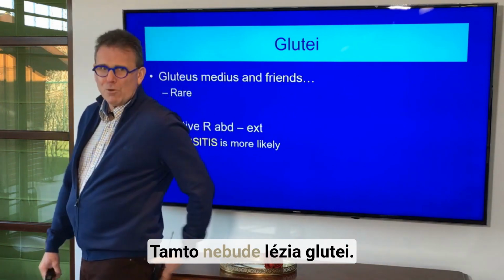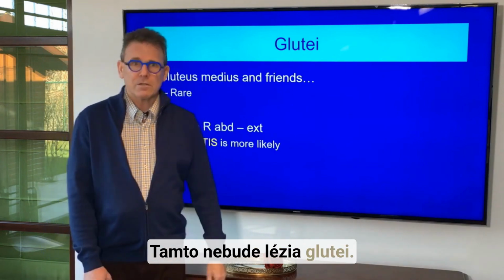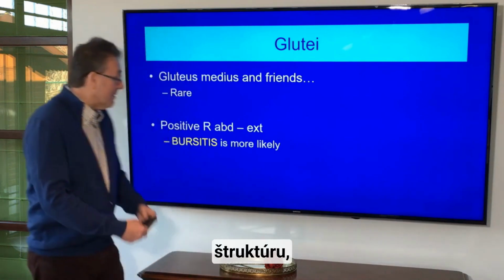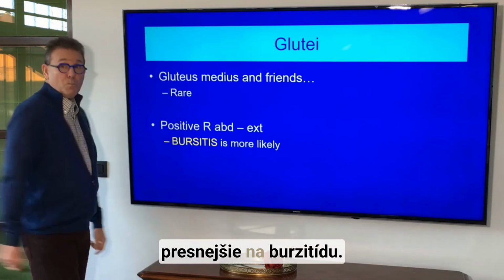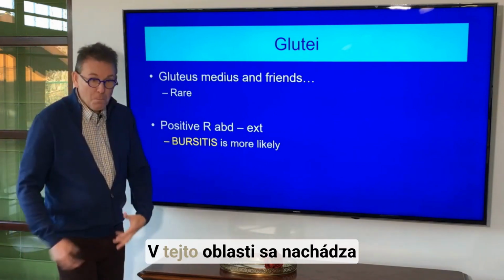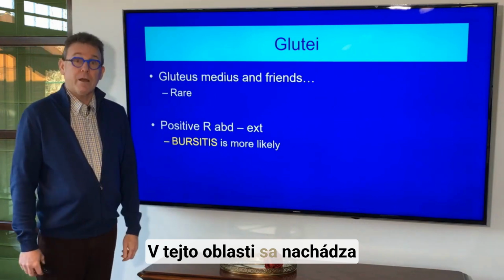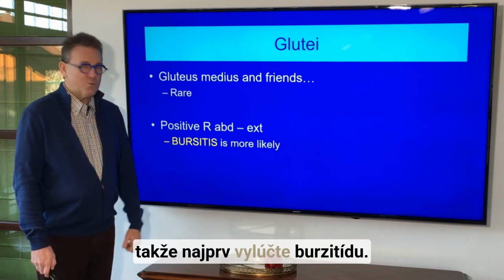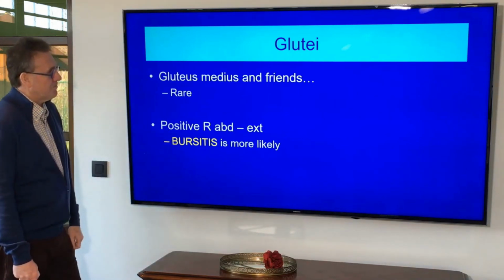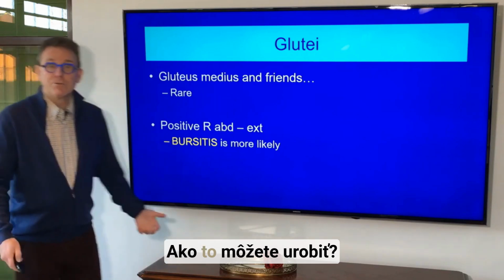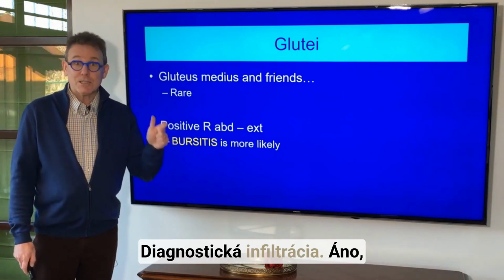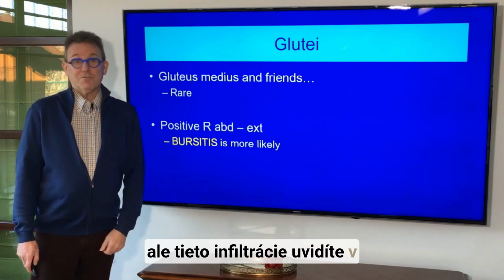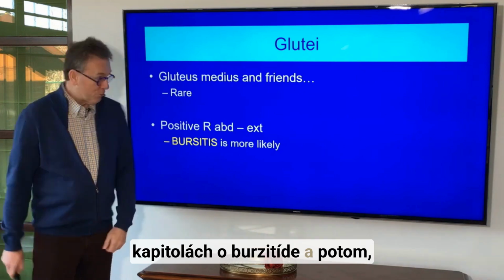That's not going to be a gluteus lesion over there. Huh? But compression on an inert structure. More specifically, bursitis. There are a number of bursae in this area, so exclude bursitis first. How can you do that? Diagnostic infiltration. Yeah? But you're going to see these infiltrations in the chapter on bursitis.